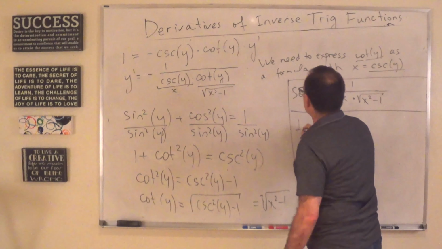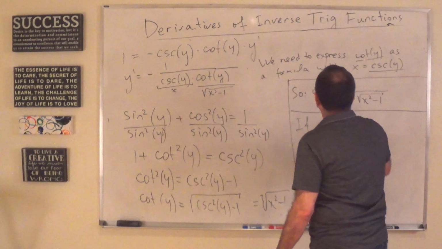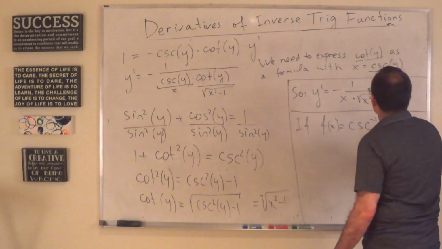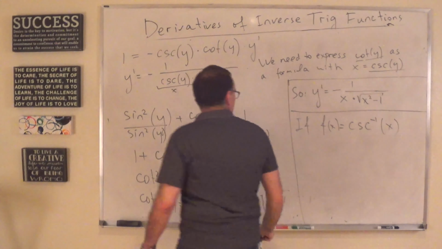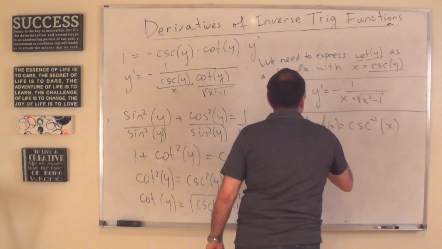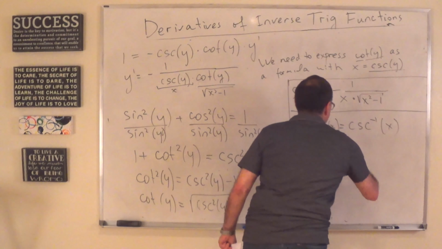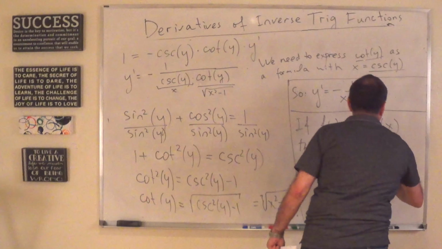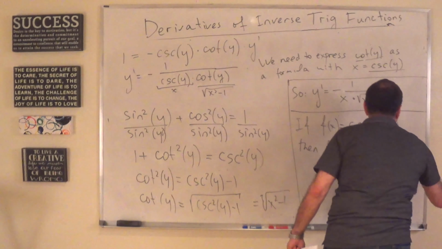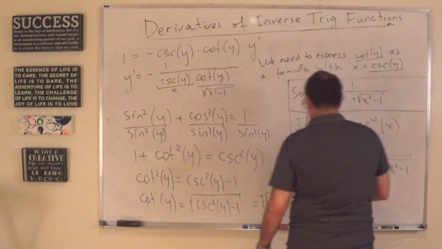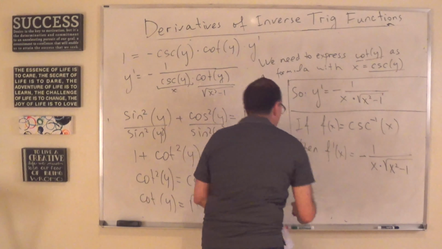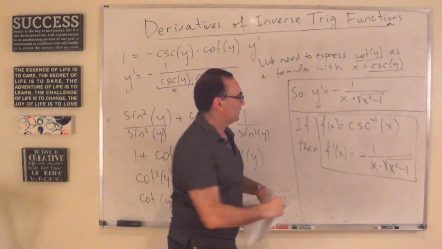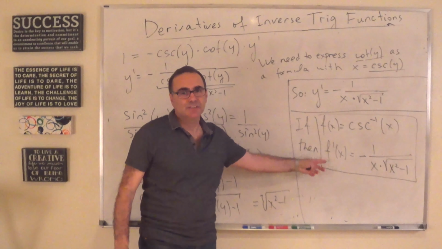Altogether we got that if the function equals inverse cosecant of x, then the derivative of this function is negative 1 over x times square root of x squared minus 1. So this is the derivative of inverse cosecant.